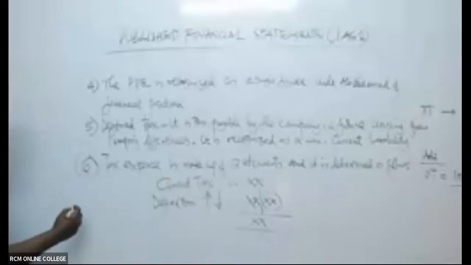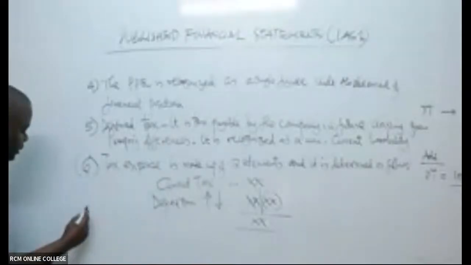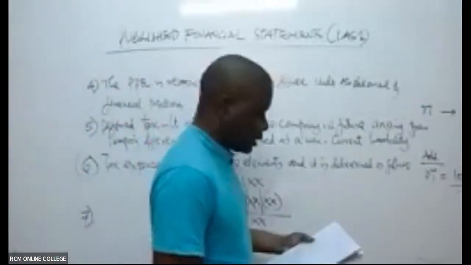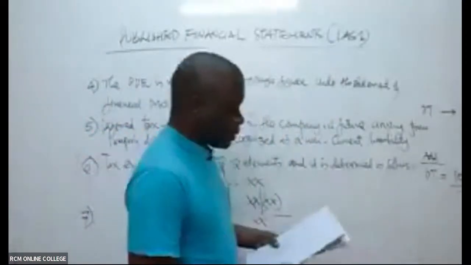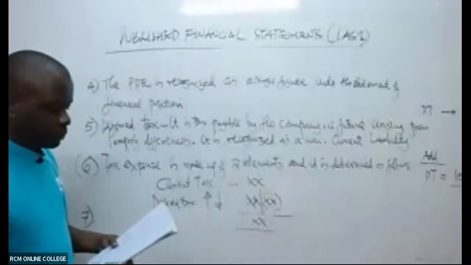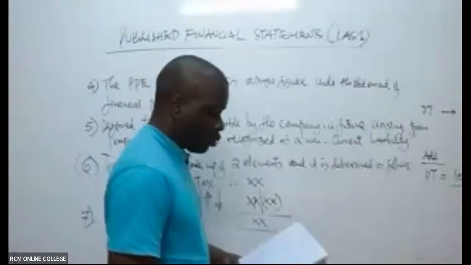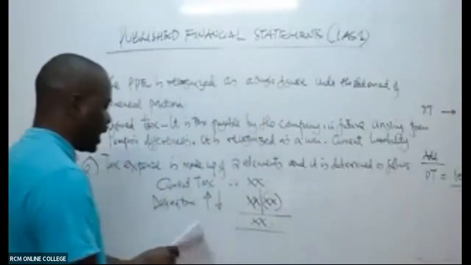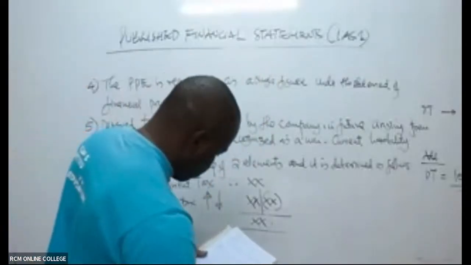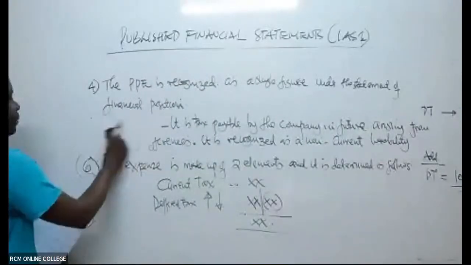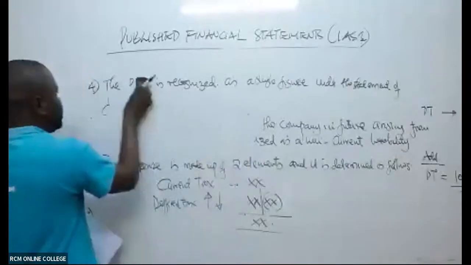Then another item that is of so much importance is the components of the comprehensive income. There will be what we call other comprehensive income.